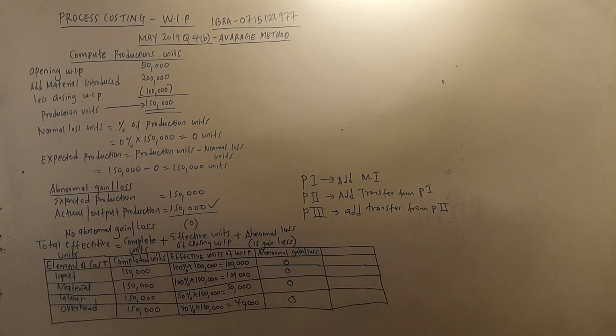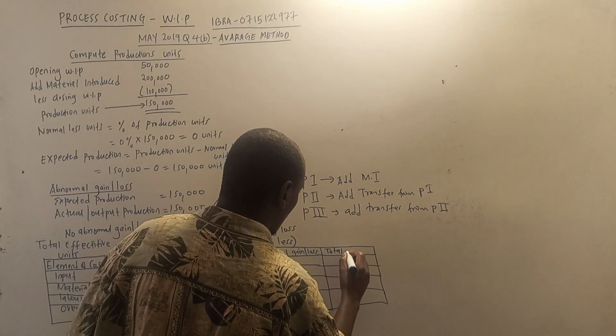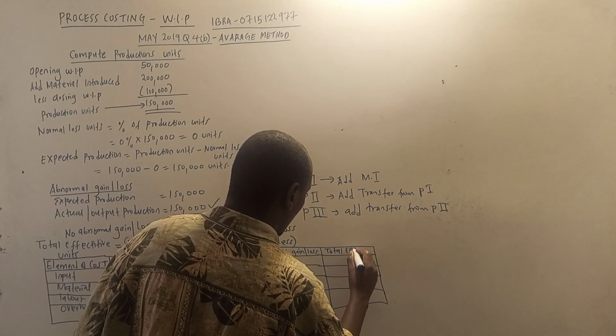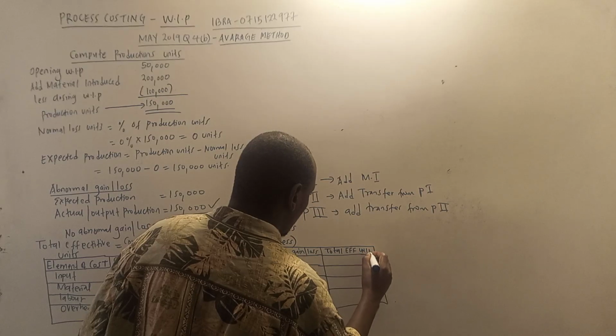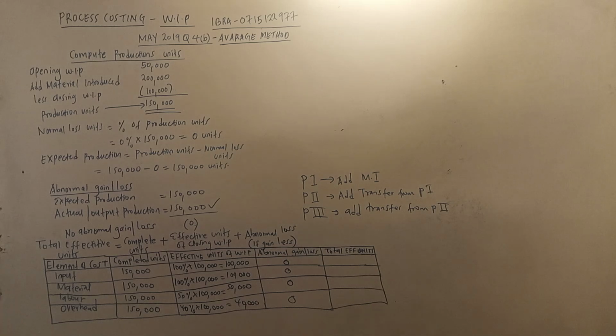Now we get the total effective units. So you add from the formula. Total effective units is equal to what?